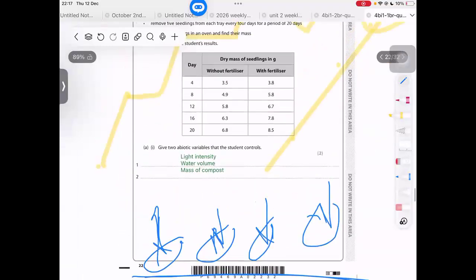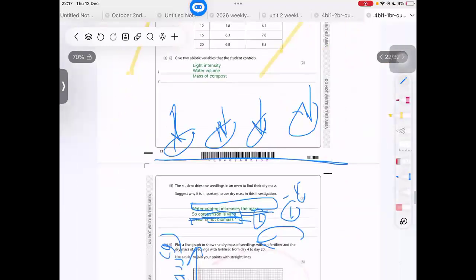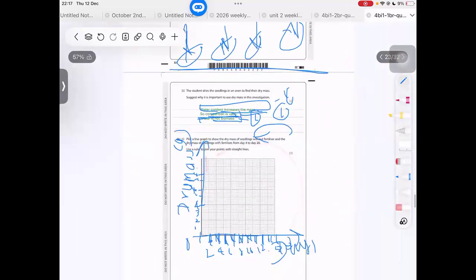So on the 4th day, when you have labeled it without fertilizer and with fertilizer, you have to mention what is without fertilizer and what is with fertilizer as well, right? That should also be mentioned.